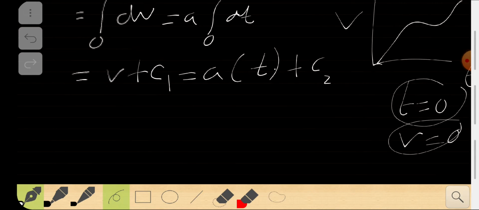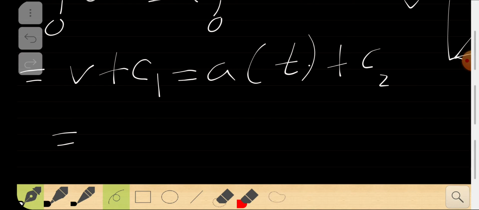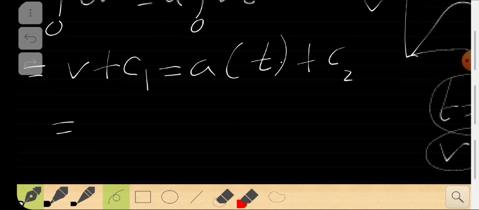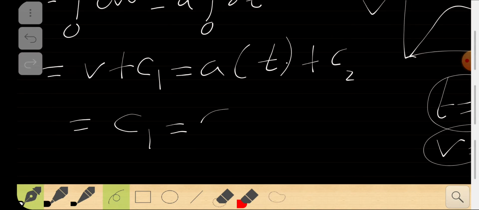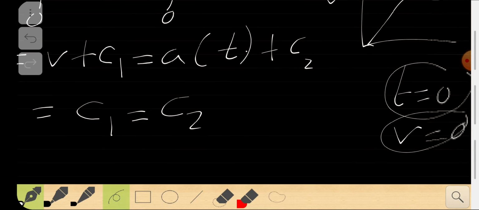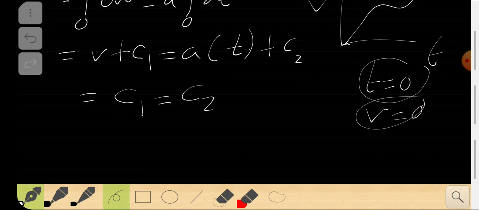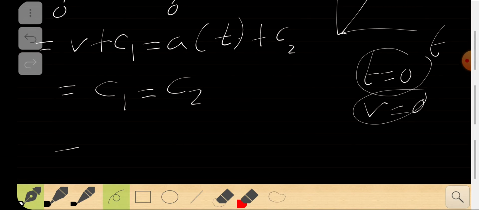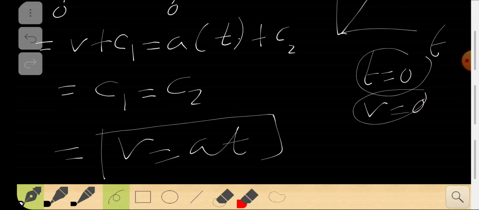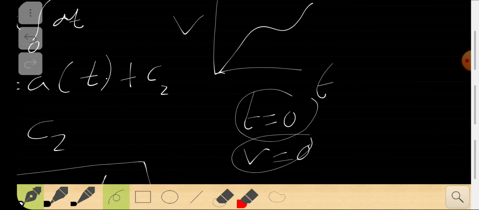So you can substitute that back into this equation, and at t equal to 0 you get v equal to 0. So c1 is equal to c2. That's the basic thing you get, and you can cancel c1 and c2 from either side because they are equal, and you get v is equal to at. So that's the fundamental equation that you get back from this kind of equation generalization, where v is equal to 0 at t equal to 0.